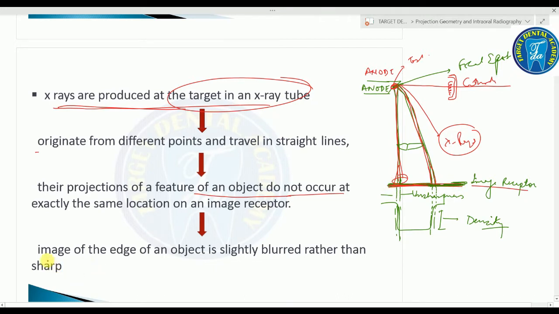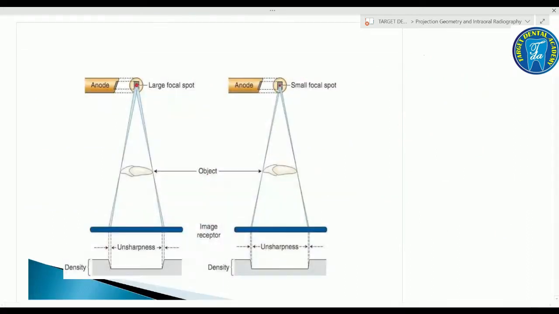So the image of the edge of an object is slightly blurred. This is the unsharpness.